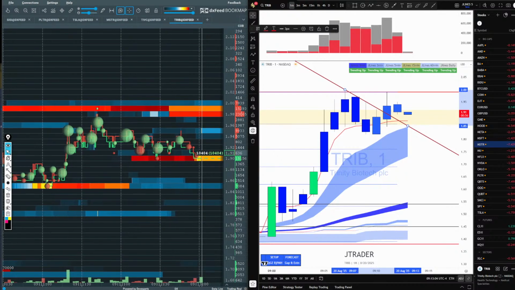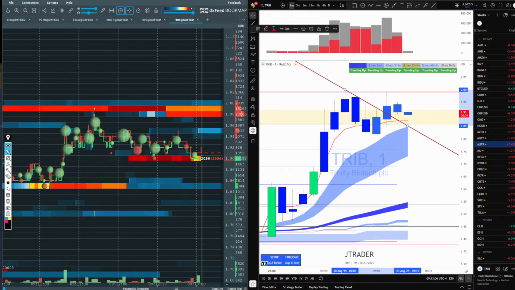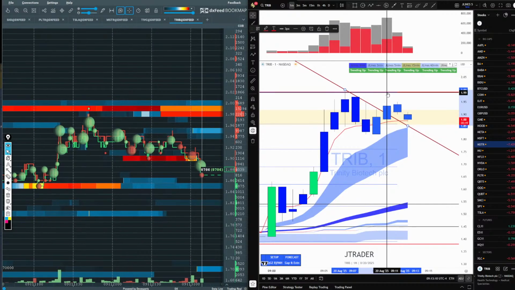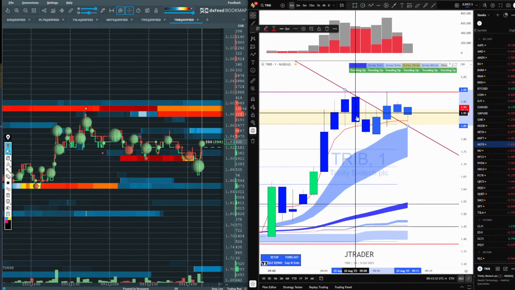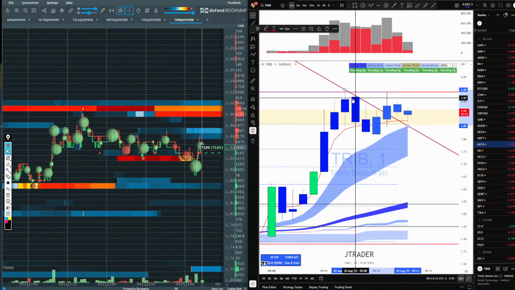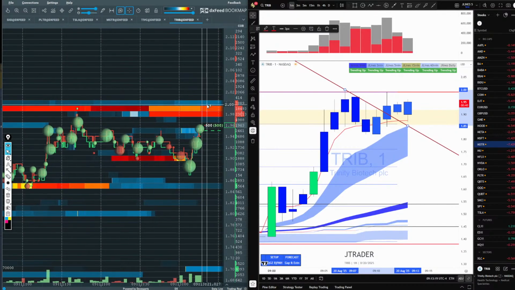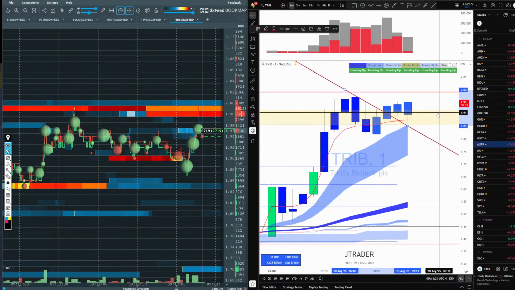So I'm out break-even. The reason why is on this push, I want to see right away the break of $2. So when I see these big pushes, they right away push on the break over here. Let's see if now it's gonna push, but I'm not in anymore.